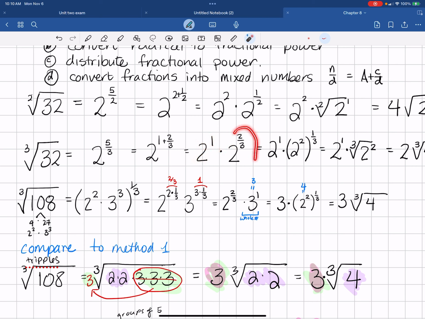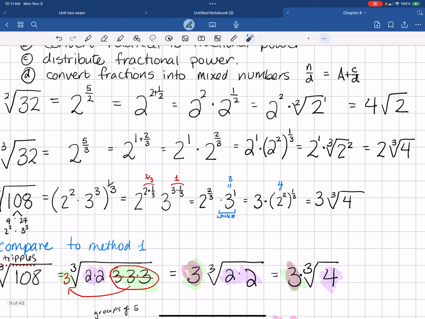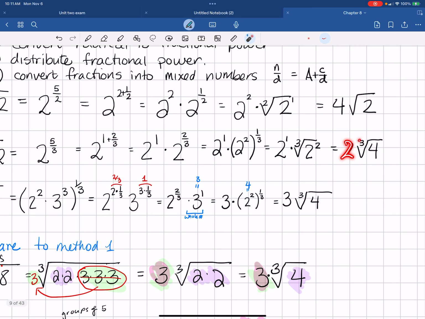And to go back into its radical form, we kind of need to pull out this fraction power, so we have 2 to the 1 times 2 squared to the 1/3. So basically 2/3 is equal to 2 times 1/3, and that's the power I'm pulling out. And then this 1/3 becomes the third root of 2 squared, so we end up with 2 cube root of 4.